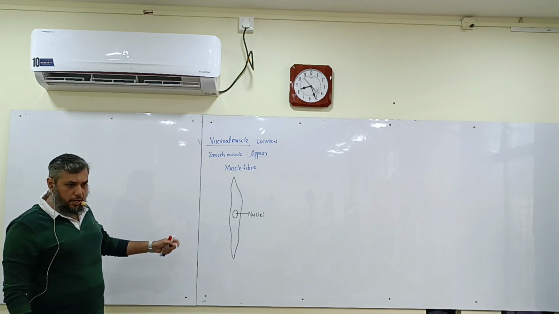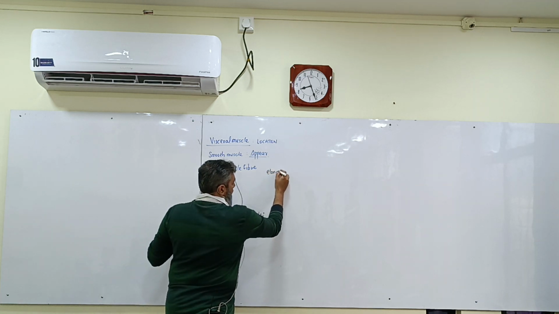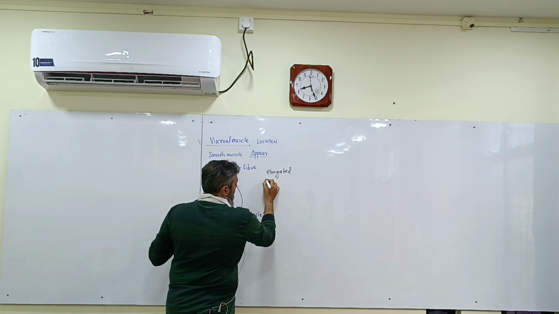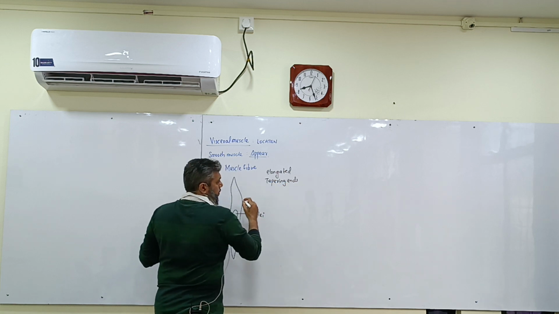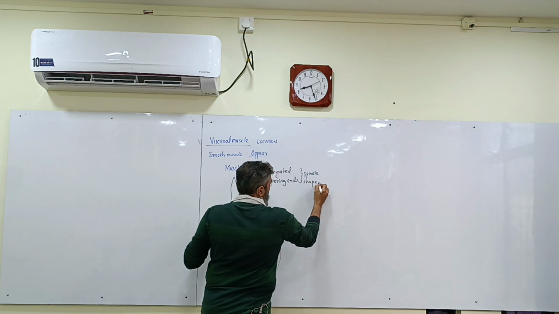Here the muscle fiber is elongated with tapering ends. So I'll say that it is spindle shape.